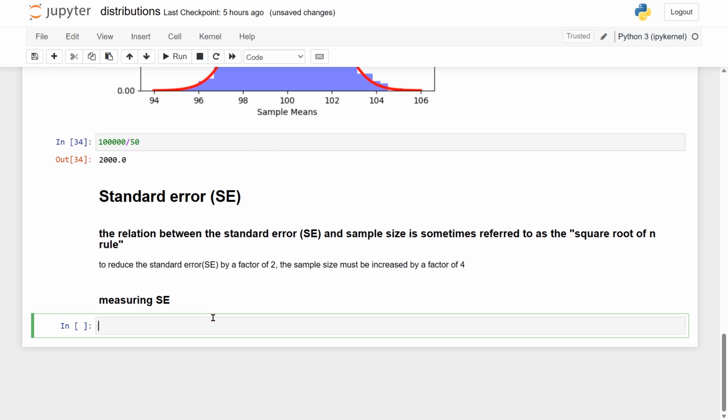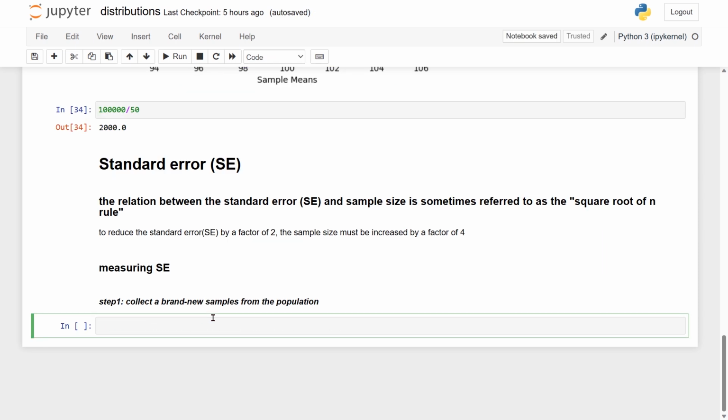So, collect a number of brand new samples from the population. Step 1: collect brand new samples from the population. Then step 2: for each new sample, calculate the statistic. Obviously here it's a mean.